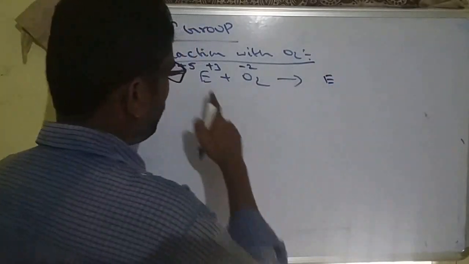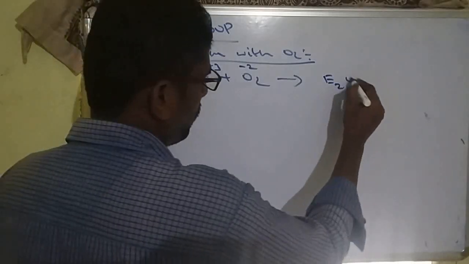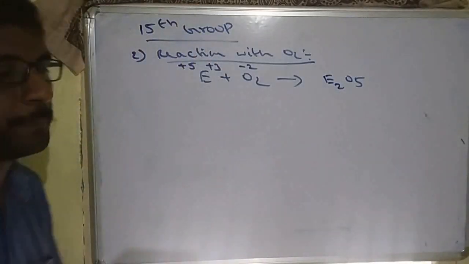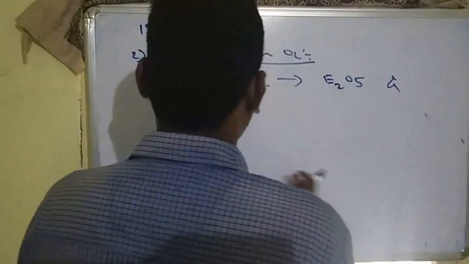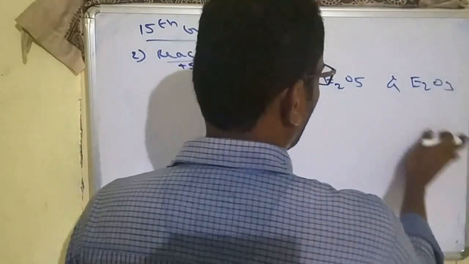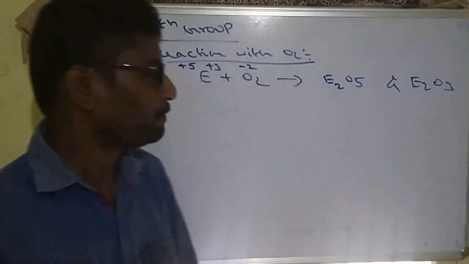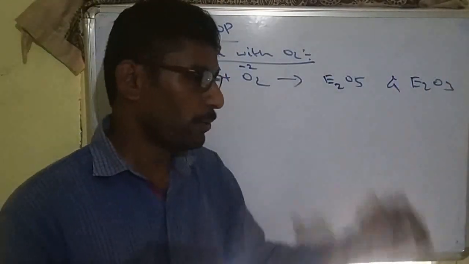The formula will be, if it is forming +5, 5 will come this side, 2 will come this side, it will form E2O5. Whereas with 3 and 2, it will form E2O3. So pentoxides and trioxides are normally E2O5 and E2O3.